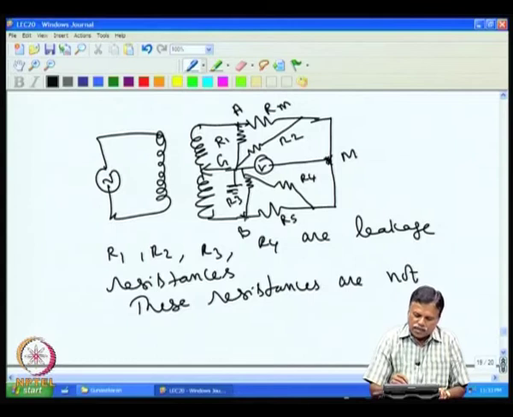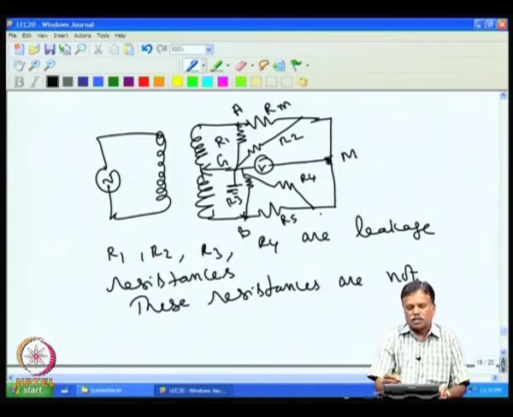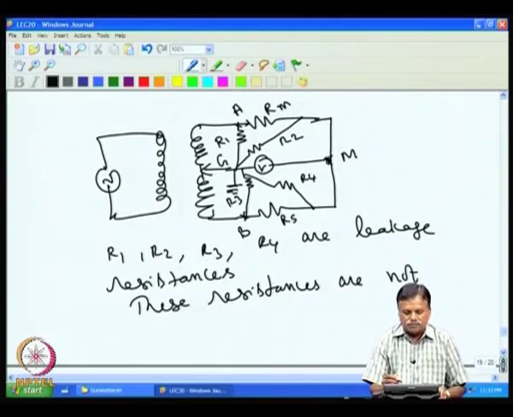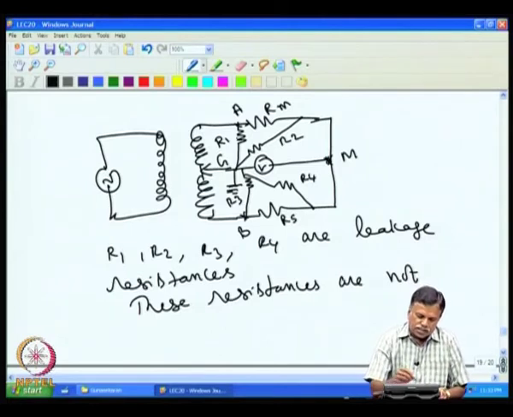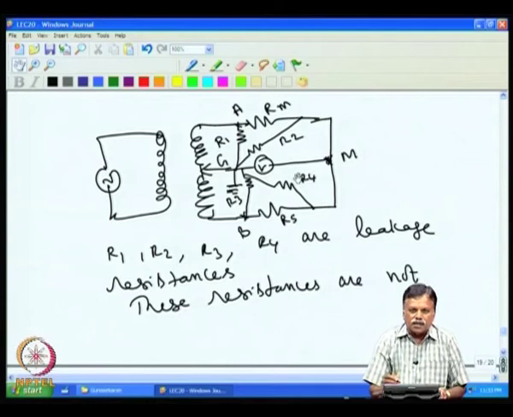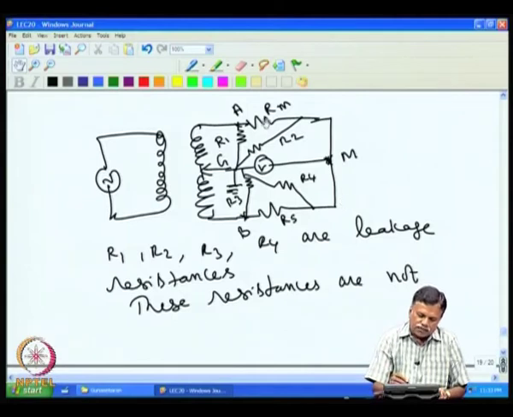That means the balance is not affected by R1 and R3. Essentially all these four resistors R1, R2, R3, R4 are not contributing in any way to the balance of the bridge. The net result is you will get the resistance value Rm accurately.